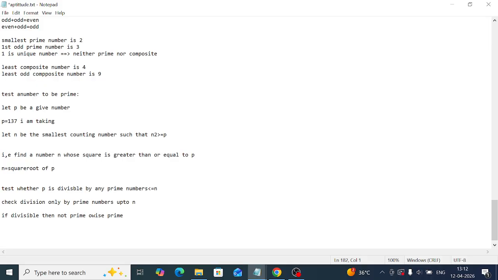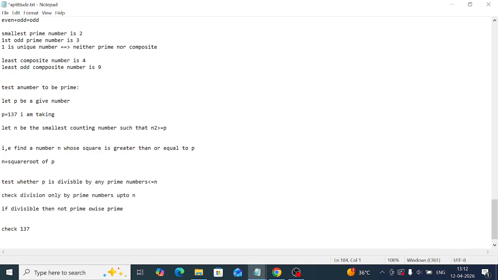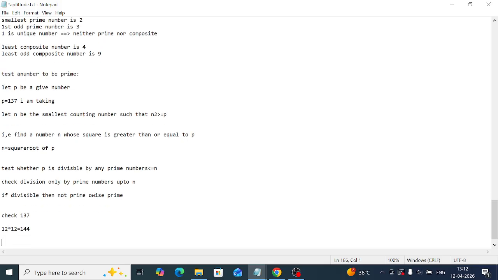First, in simple terms, you check the P value, 137. Square root of 137, what? 12 into 12 is how much? 144. So 144 is nearer to 137, and the square root of 137 is almost 11.7.